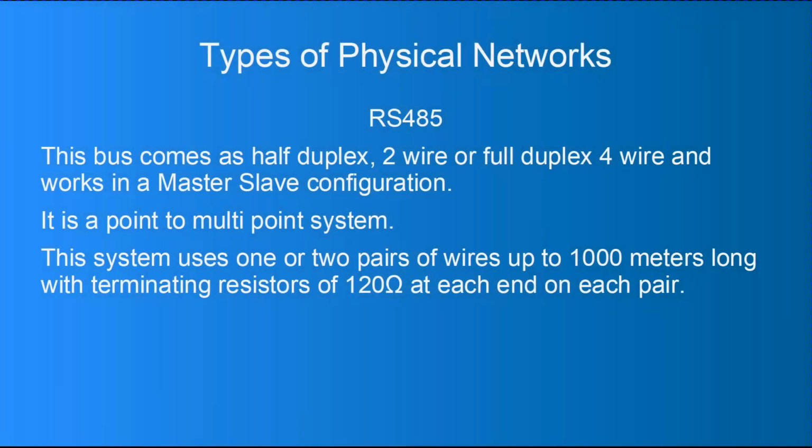The RS485 I touched on earlier, this one comes as half duplex using 2 wires because it's actually a complementary signal. That is, when one wire goes to a logic 1, the other one will show the opposite, a logic 0.